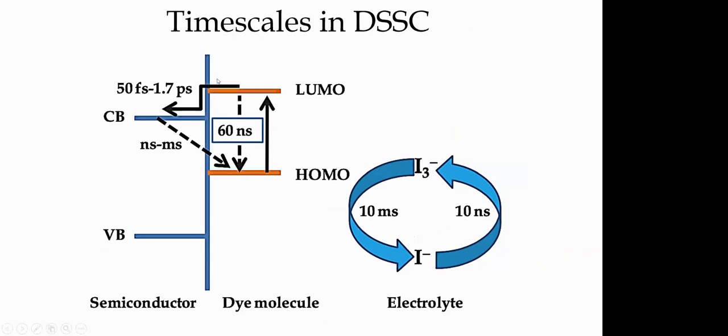But you see, the electron injection process from the conduction band of your dye molecule to the conduction band of the TiO2 nanoparticles, wide band gap semiconductors, is of femtosecond to picosecond. So there is less probability of direct recombination if they are in physical contact. Then this is taken out by the external circuit.